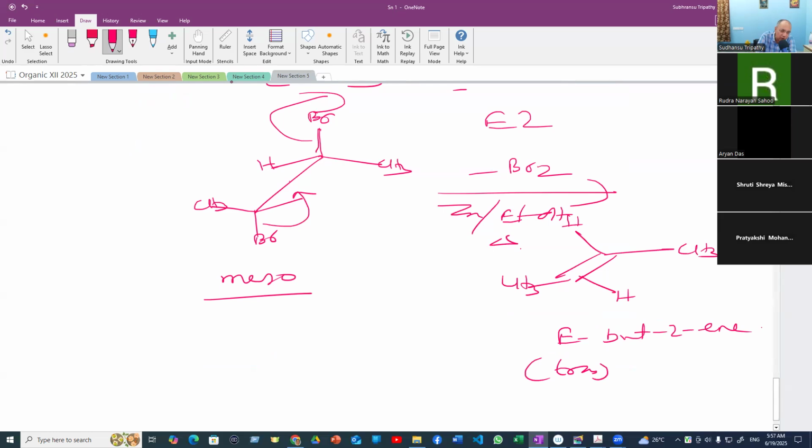These two leaving groups, this will go as Br plus, this will go as Br minus, and both of them will combine with zinc to produce ZnBr2, I'm sorry.